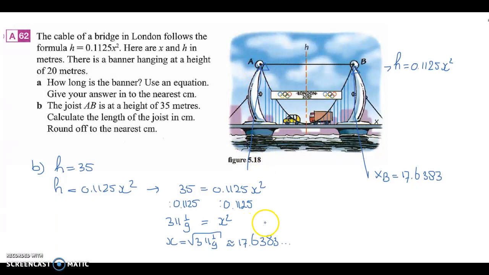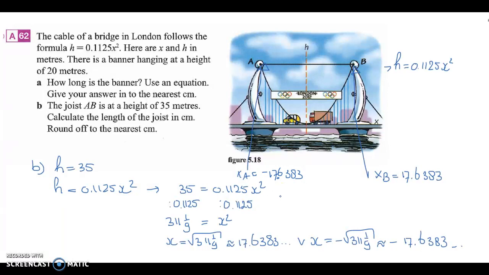And remember, when you square a value, you can also put the negative value in there. So x is also equal to minus the square root of 311.11, and thus it's also equal to minus 17.6383 and so on. Okay, so xA has this value.